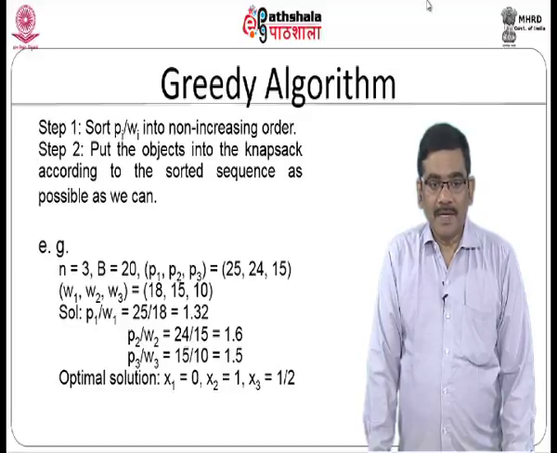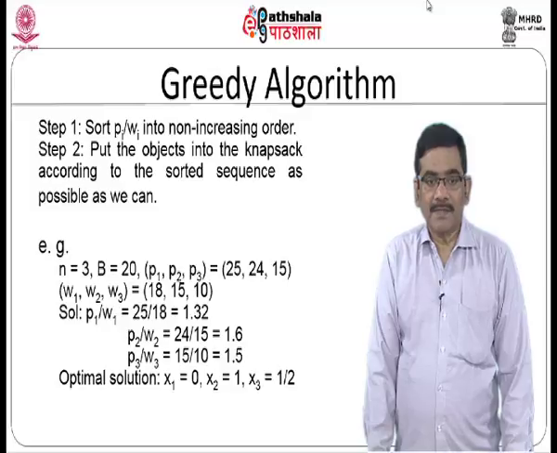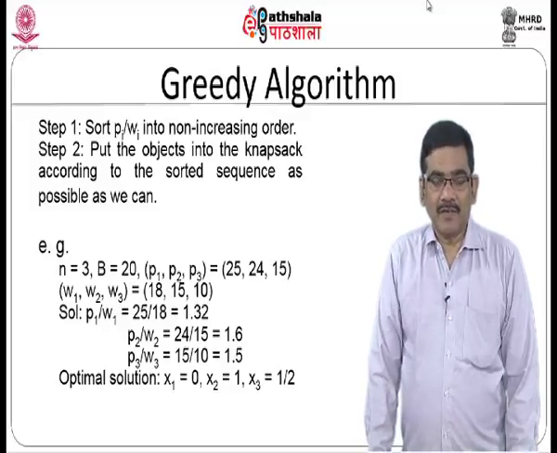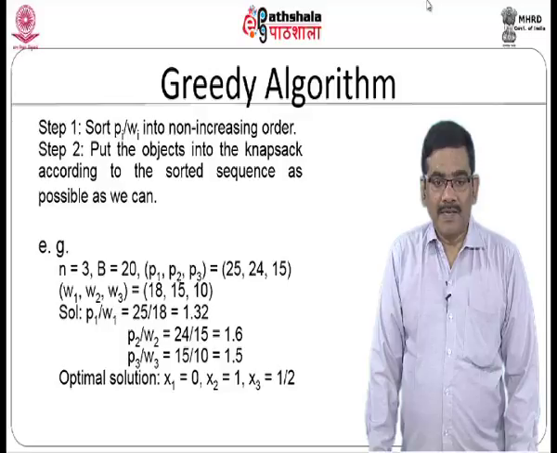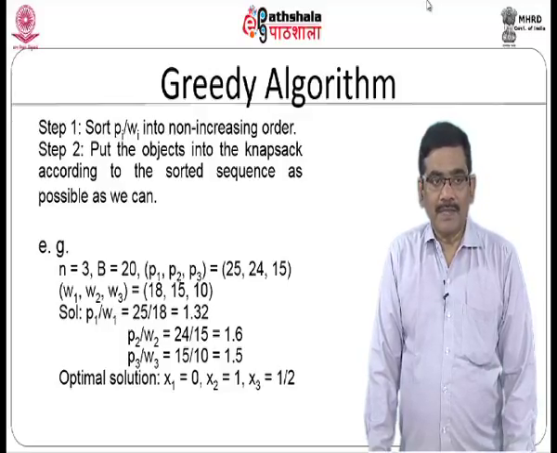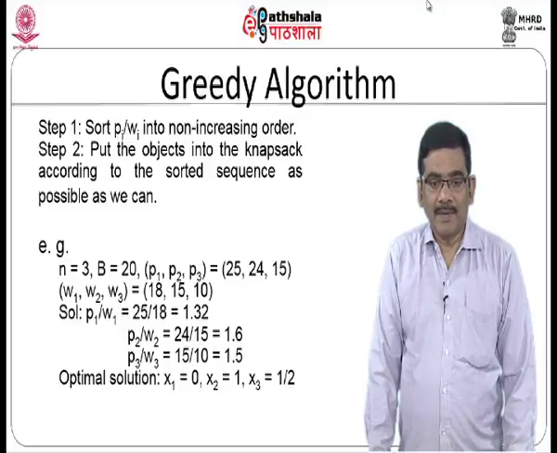You can take a numerical example. Let us assume that we have 3 objects. The capacity B is 20. For the 3 items, the profits are 25, 24, 15, and the weights are 18, 15 and 10. So, you can see the ratio of Pi to Wi gives 1.32, 1.6 and 1.5.